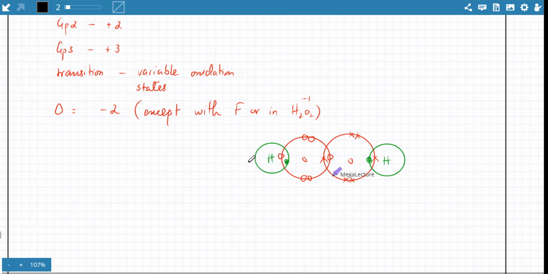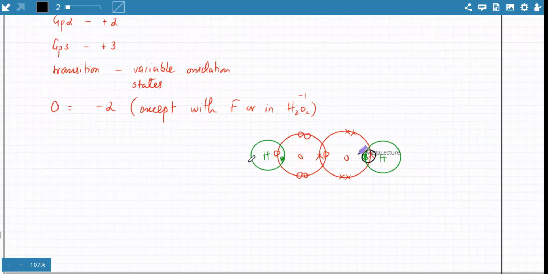So why is it -1? If you look at the electrons, these two electrons over here are going to be closer to oxygen. So oxygen gained one electron, -1.